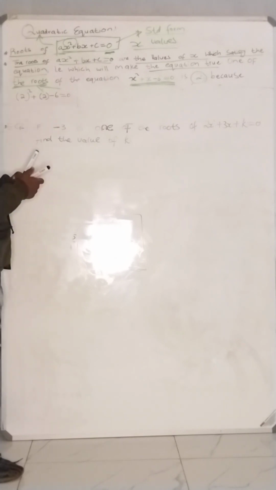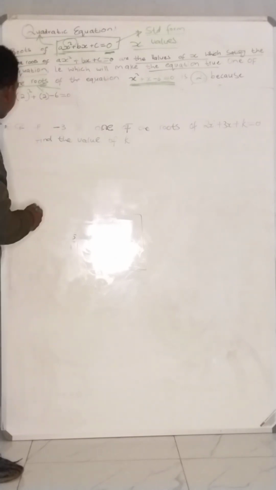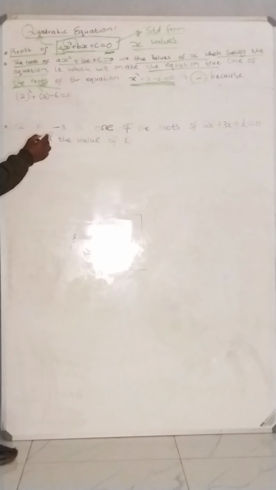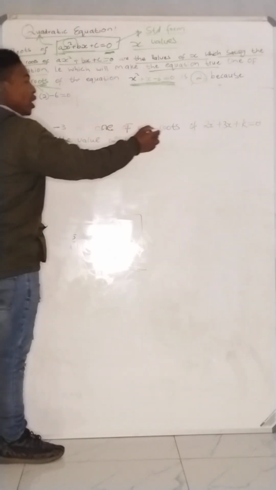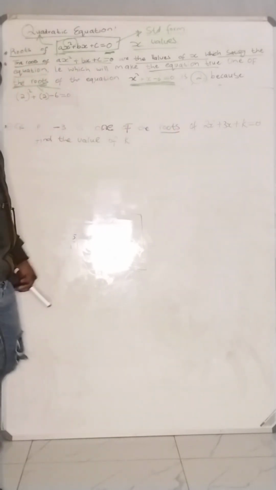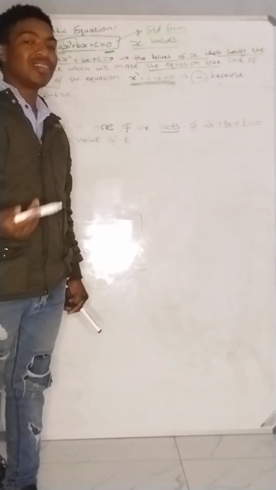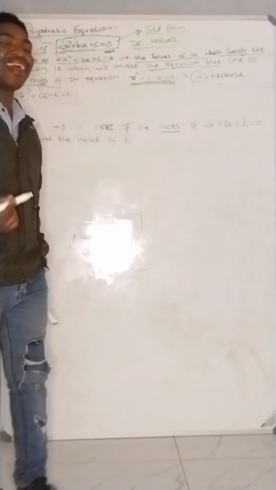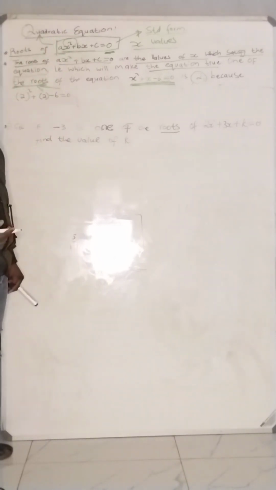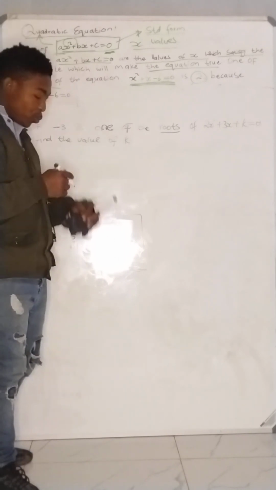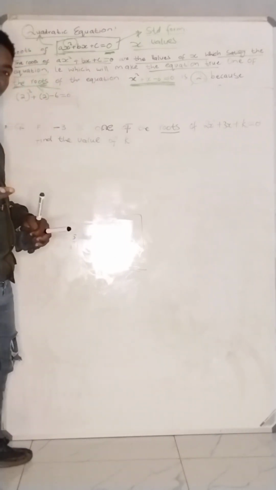So now in this example, it's the same thing. They say to you, if minus 3 is one of the roots. Now they could say that if minus 3 is one of the values that satisfies the equation, one of the x values that satisfies the equation. But we don't want to say that. We're trying to trick you, remember?